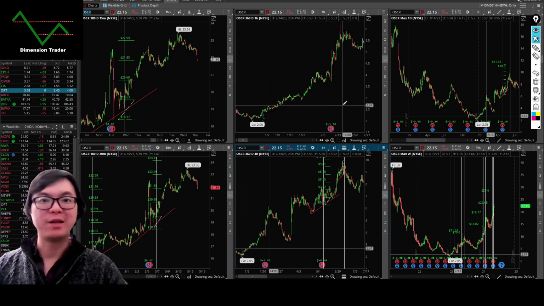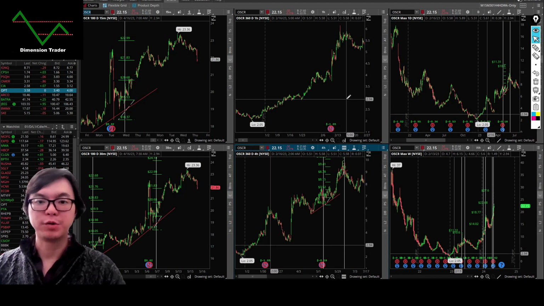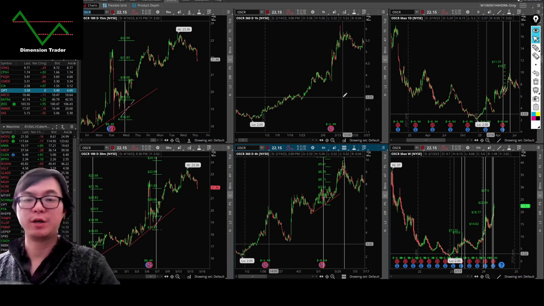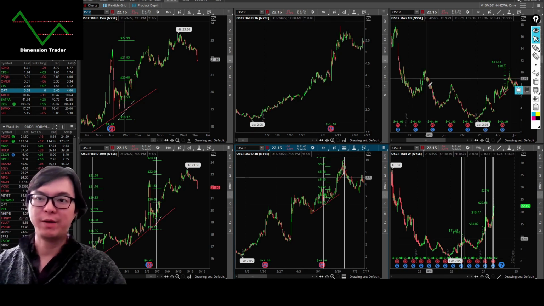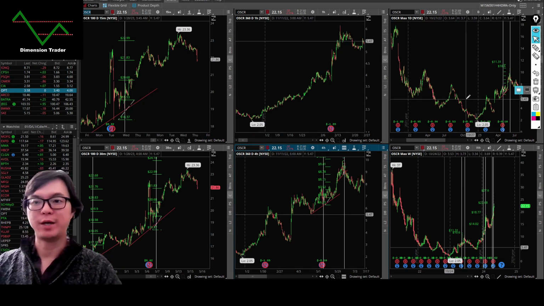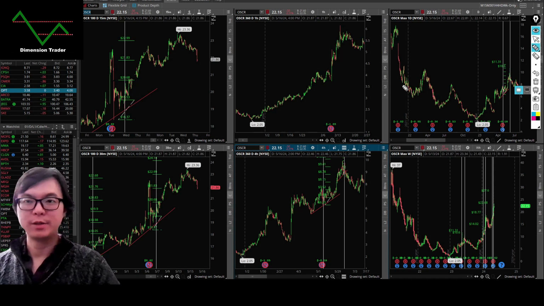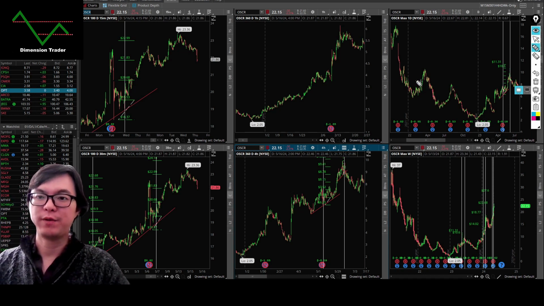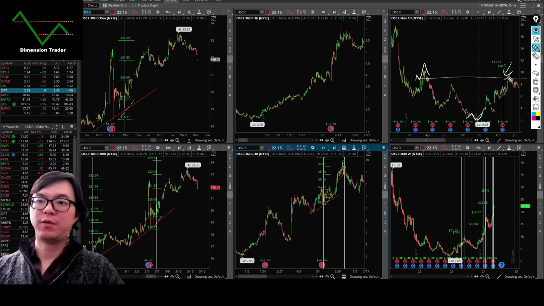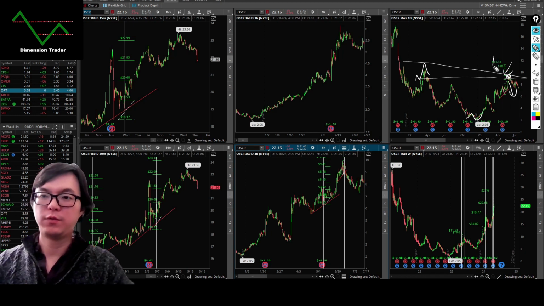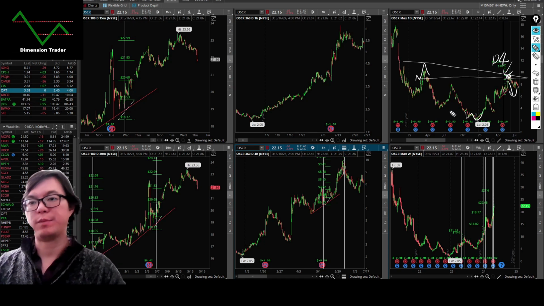We are not focused on any reversal at this point because reversal doesn't happen very frequently. We will need to make sure we have the left side and the right side at the same time. Just like the day chart, we have the left side and we have the right side. Okay, so this is going to be a reversal setup if we confirm the entries along with the trend line. So this is going to be the short for dimension 4 setup.